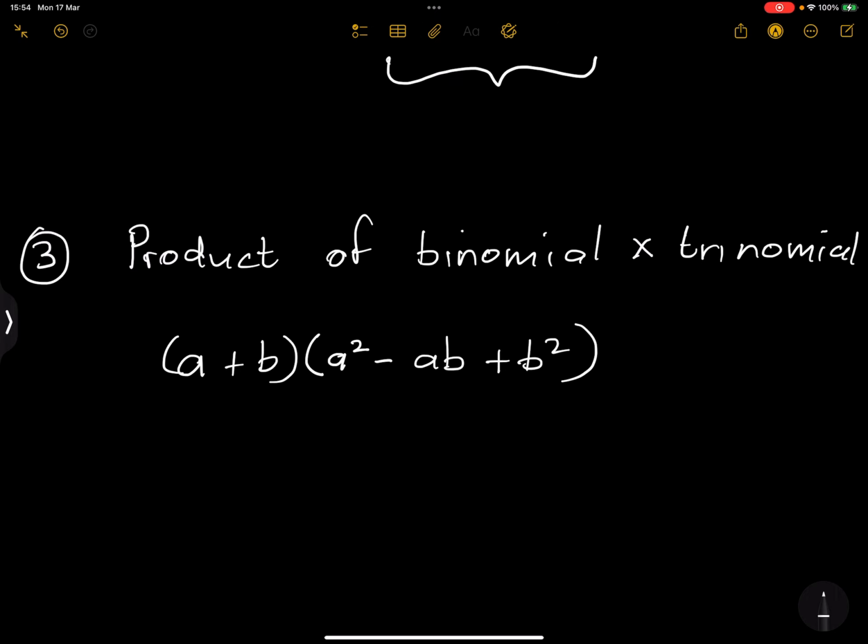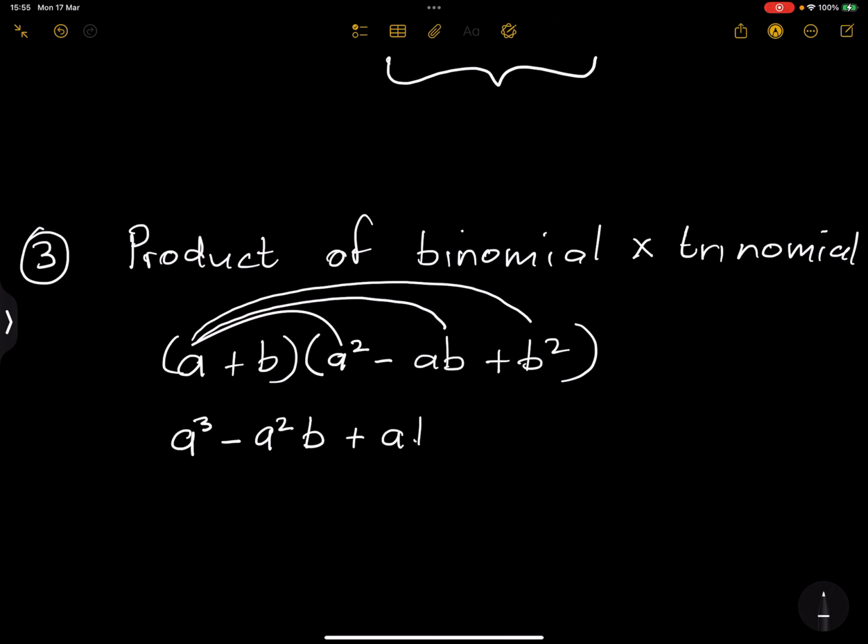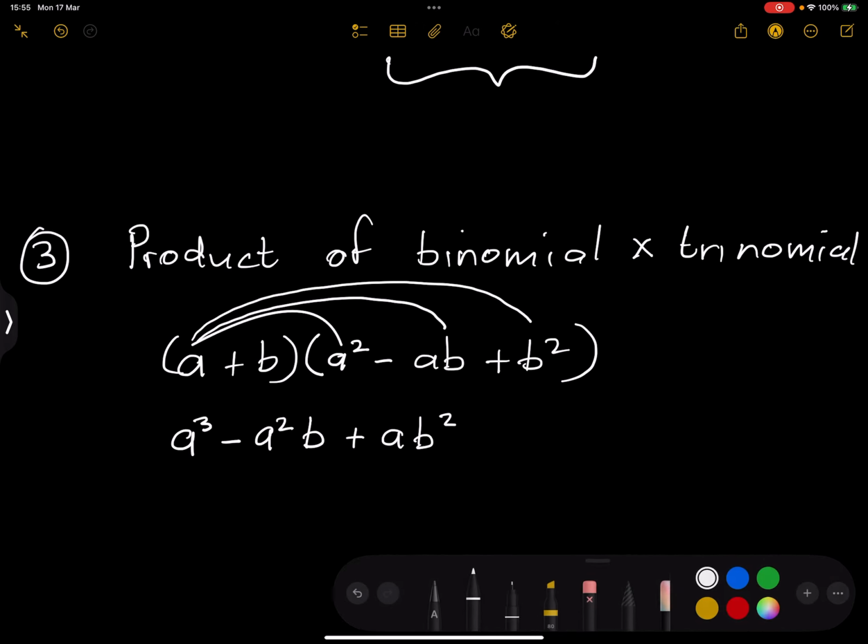So we're going to have a multiplied by a squared, so that gives us a cubed. That's a times negative ab. That will give us, oh, actually that's minus a squared b. And we have a times b squared. That will be ab squared. Notice those terms are different, right? And then we take the other one.